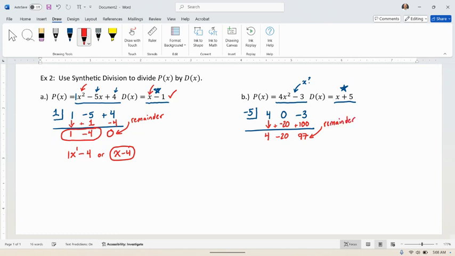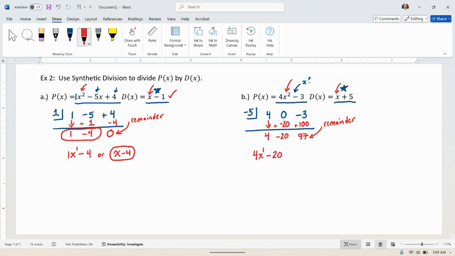I'll show you how to tackle this in our final answer. Again, since we were dividing an x squared polynomial by an x to the first, we'll knock this answer down from squared to first degree. And so 4 is the first coefficient of our x to the first term, minus 20, which is our constant term.